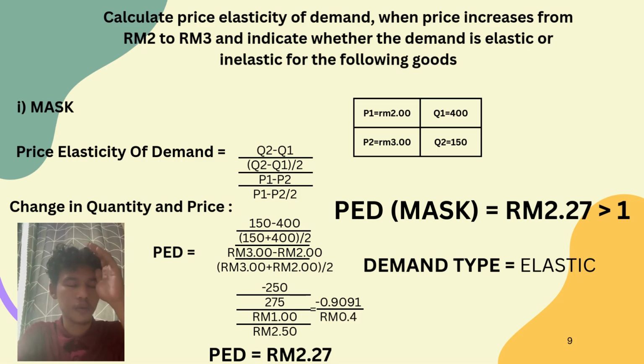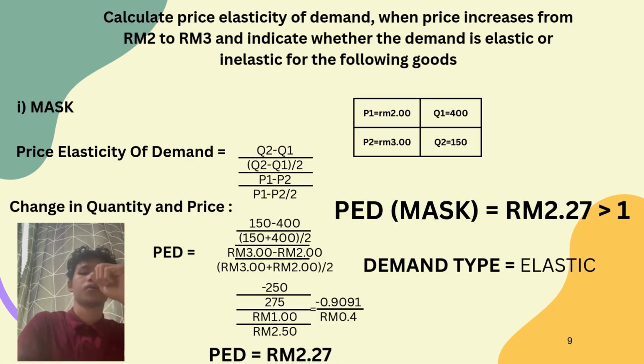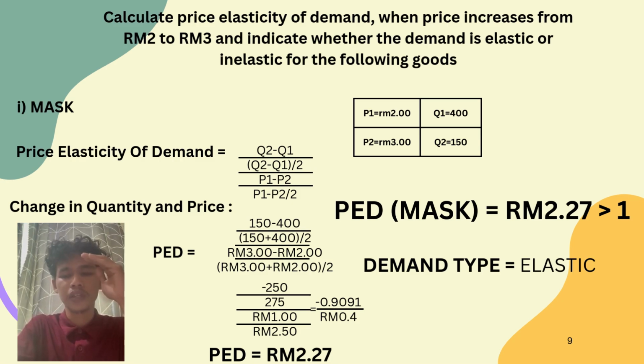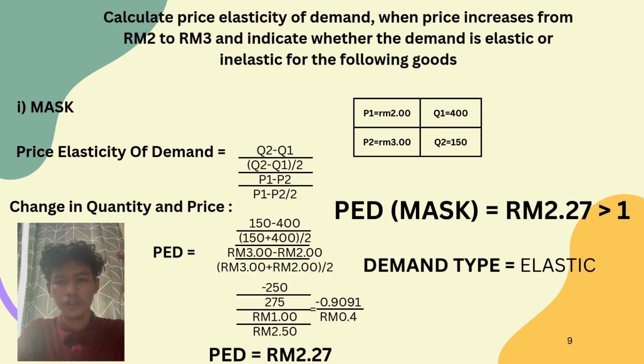We read the full expression as follows. The full expression for PED, price elasticity of demand, is the numerator, which is the quantity part. The numerator is 150 minus 400, divided by 150 plus 400 divided by 2.